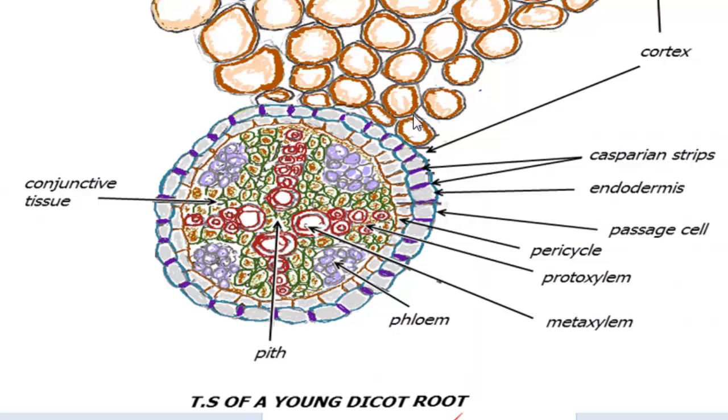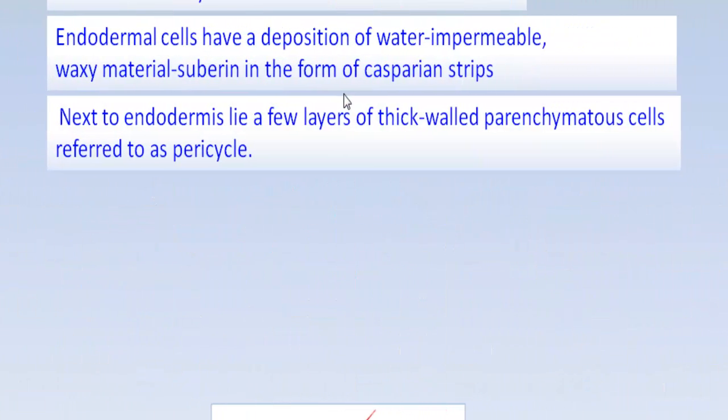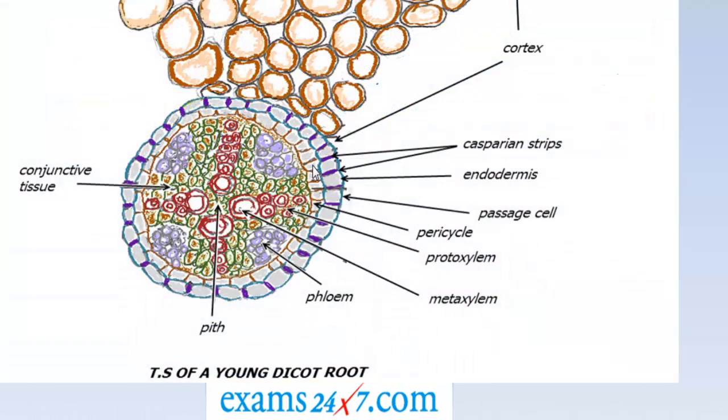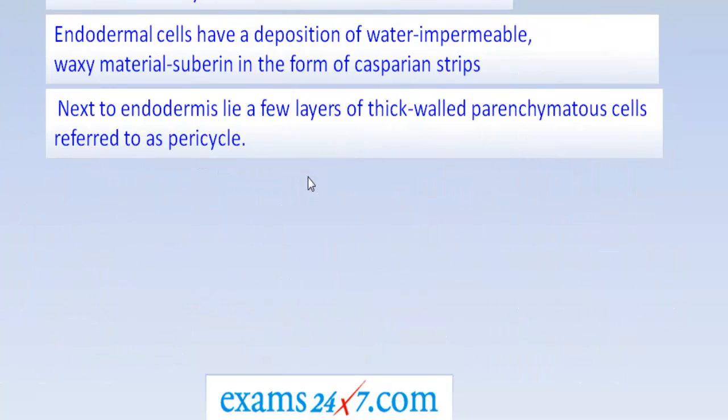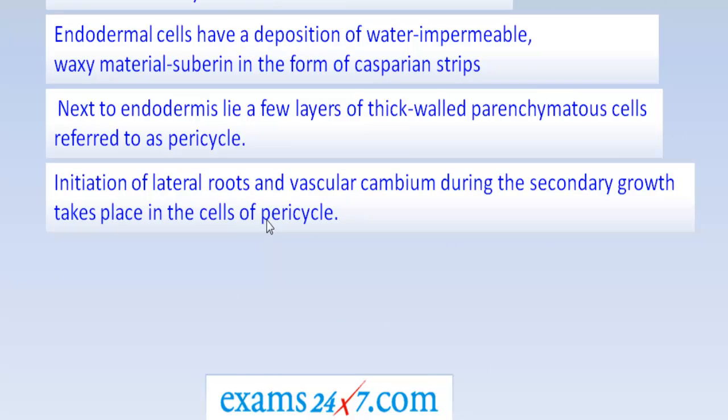Next to the endodermis, in the dicot root, lie a few thin-walled parenchyma cells referred to as pericycle. From the pericycle, initiation of the lateral roots takes place. Initiation of the vascular cambium during secondary growth also takes place from the pericycle.